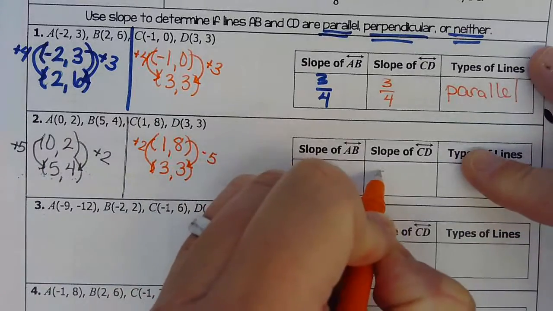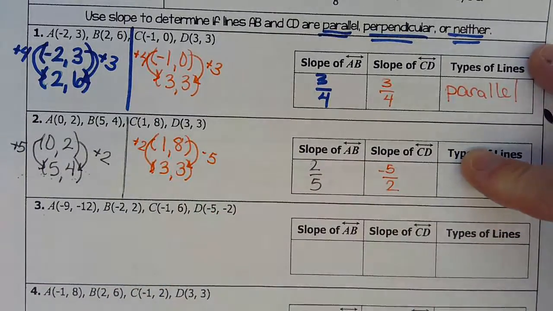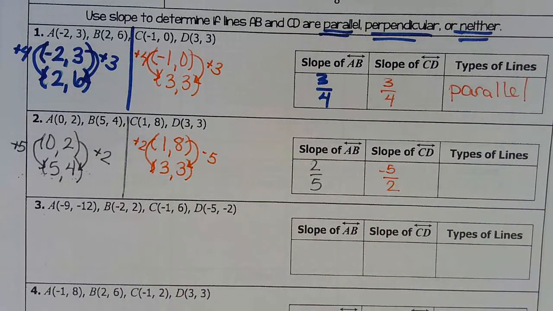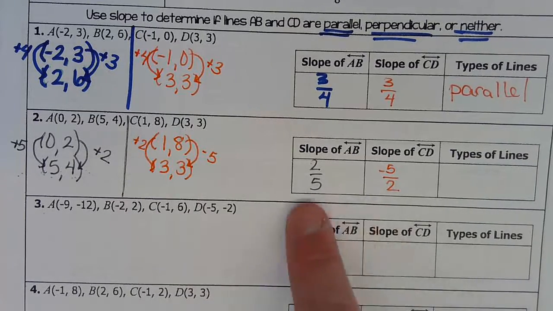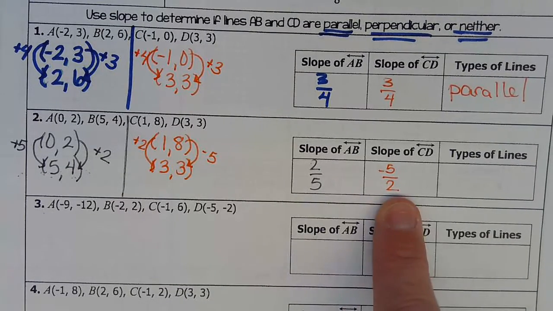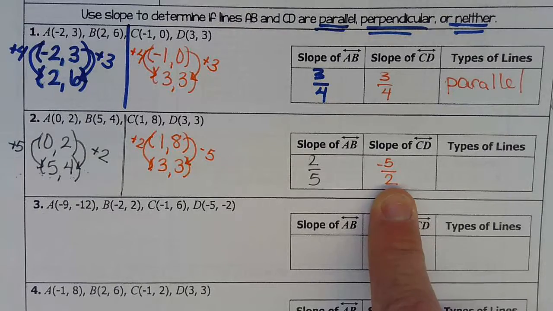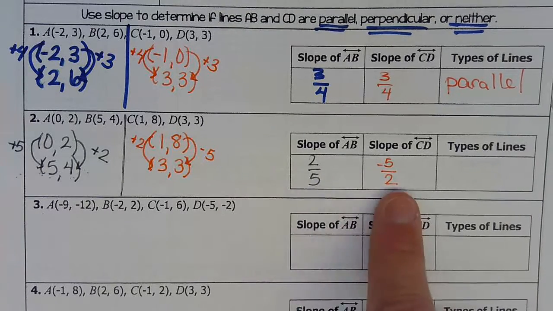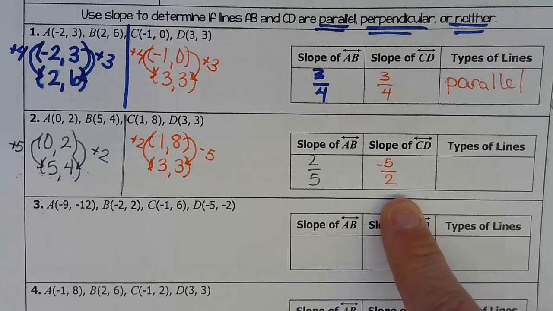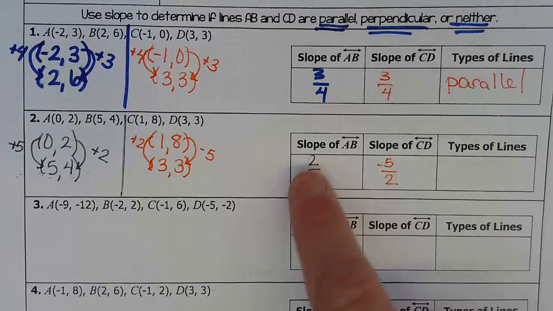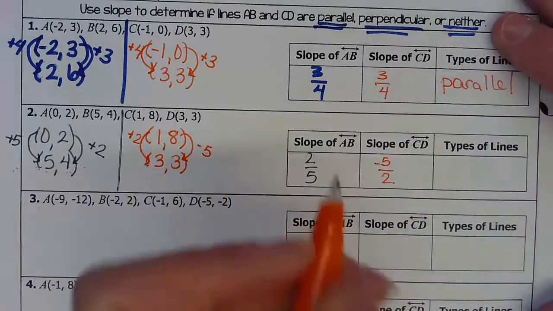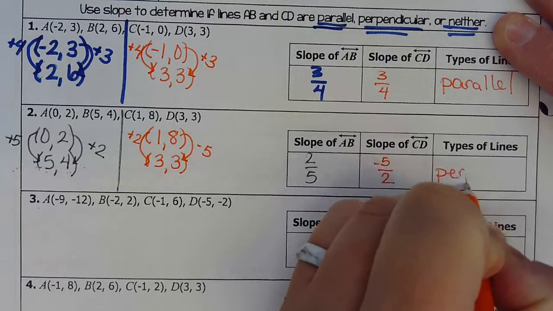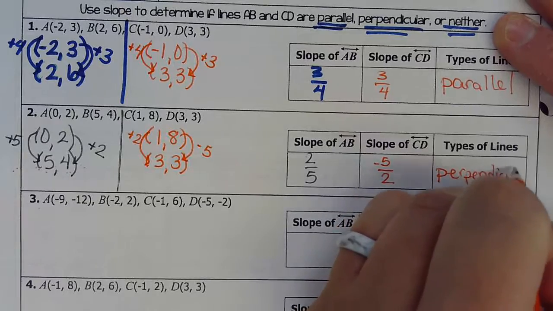So -5 over 2. Then you take a step back. These two are not exactly the same, so these lines are not parallel. To check for perpendicular, they have to be opposite signs, which they are. This one's positive, this one's negative. And the fractions have to be flipped from each other, which they are. This one's 2 over 5, this one's 5 over 2. So this is perpendicular.